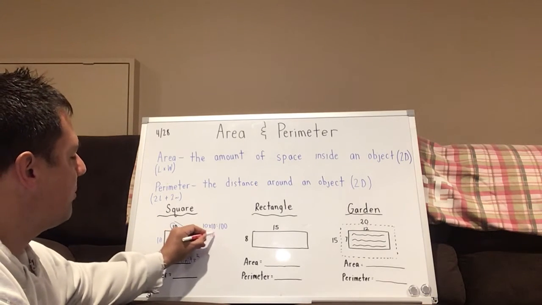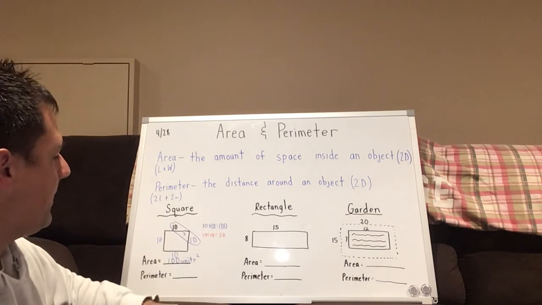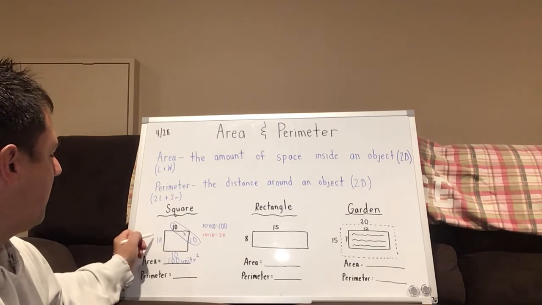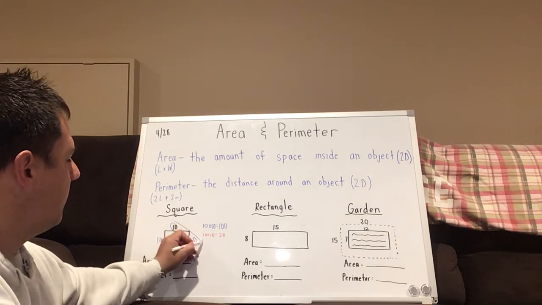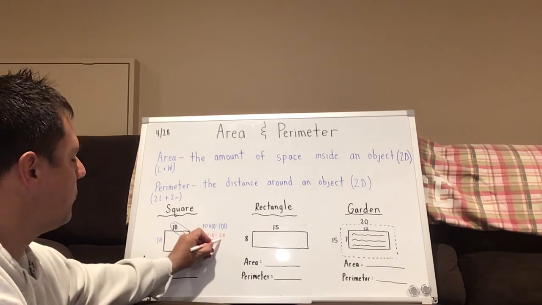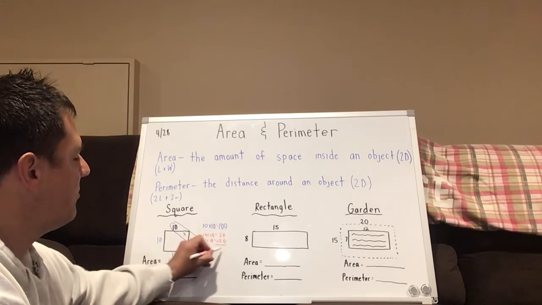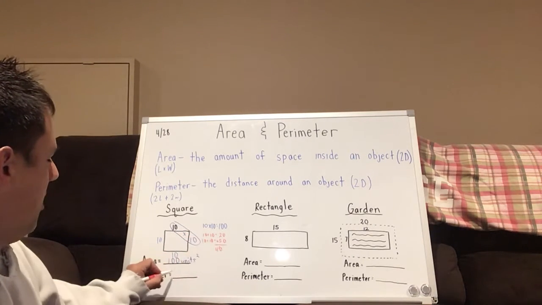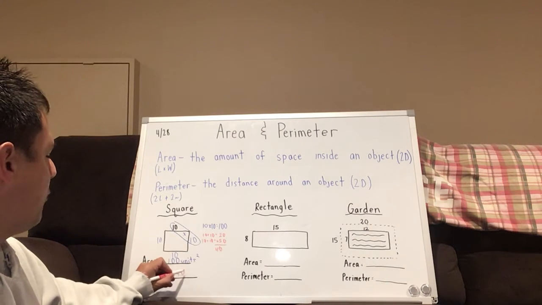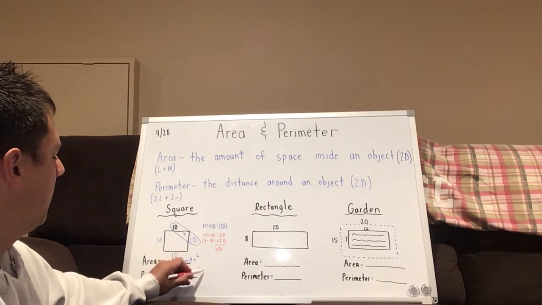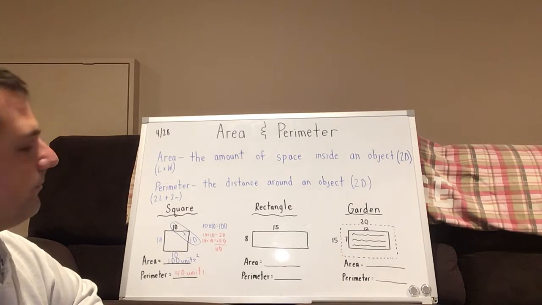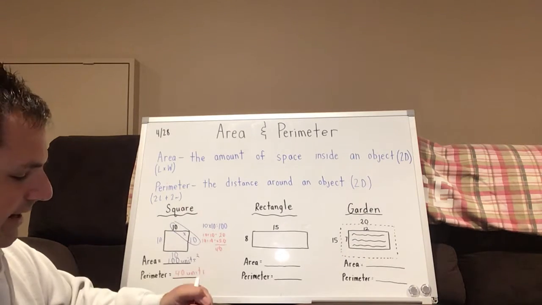So I know that 10 plus 10 is 20. And then we're going to take the left and the right, and again, 10 plus 10 equals 20. And then we add the two of those to get 40. So my perimeter in this example would be 40 units.